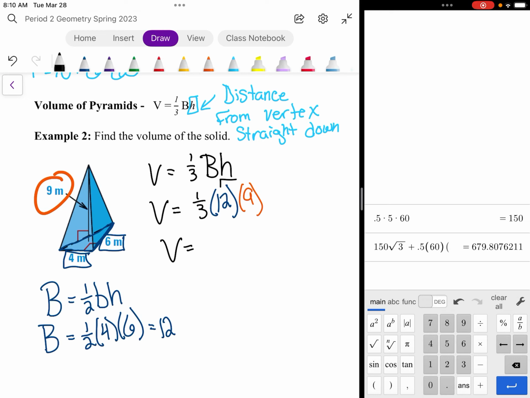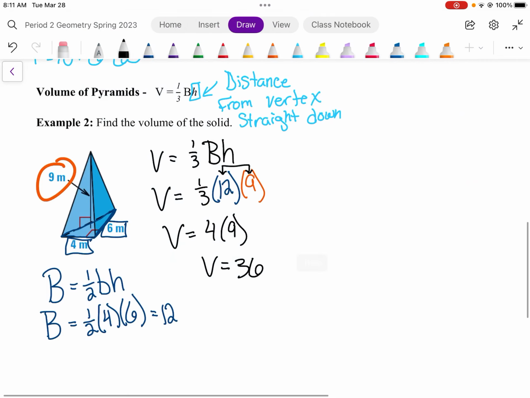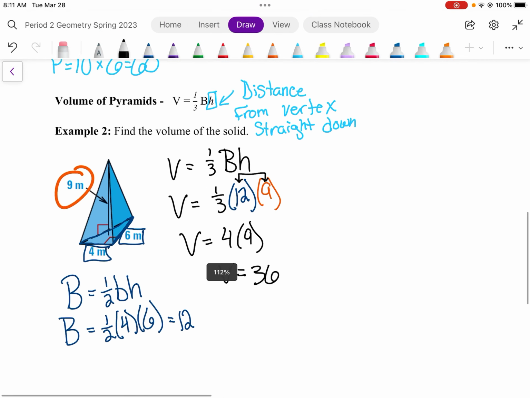So when you do the volume, you want to make sure when you multiply by 1/3, it's the same as dividing by 3. So 12 divided by 3 is 4. 4 times 9. And that's going to give us 36. Alright, so that's going to be the volume formula.